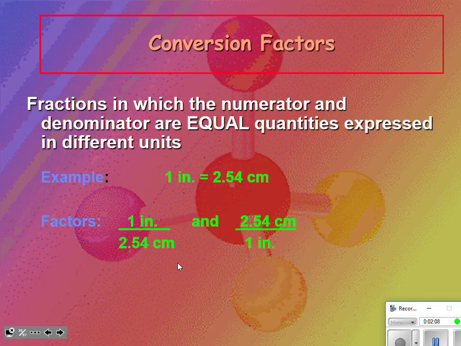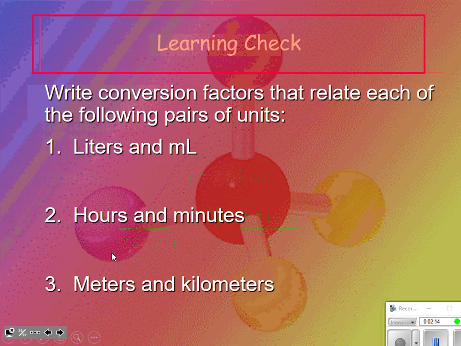Now, as we do so, we could write conversion factors for each of the following. How many liters equal how many milliliters? Remember from our metric conversions yesterday from the sheet?